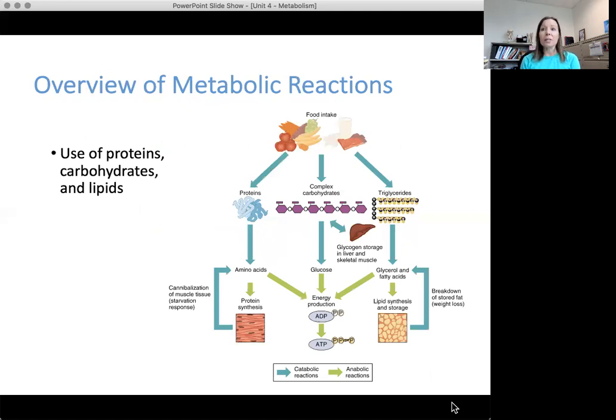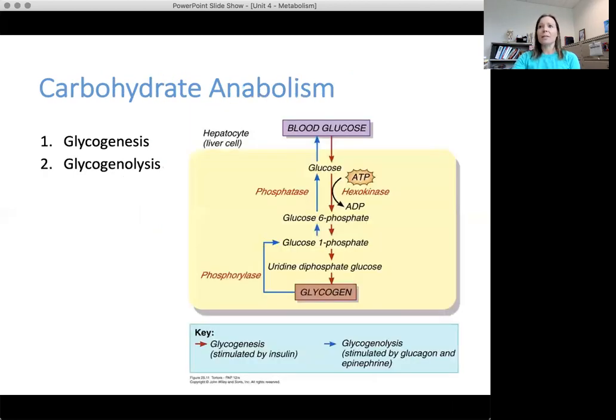Carbohydrate anabolism. There are several different types of carbohydrate anabolism to create different types of carbohydrates. First of all, glycogenesis is when you take several glucose molecules and put them together to create a larger glycogen molecule.